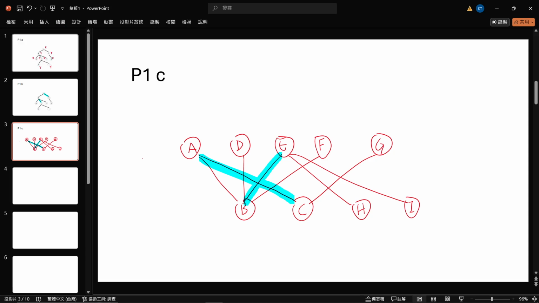We have to find the M-augmenting path. First we have to find all the unsaturated vertices, and then we're going to apply a BFS search from these unsaturated vertices.